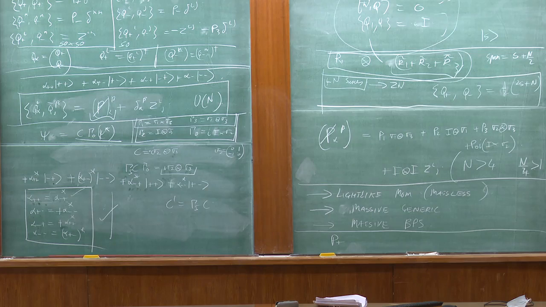Now, I'm trying to maneuver so that I get the minimum possible absolute modulus of spin. So the best thing I can do is half. So that's n/4. Is this clear? Okay, so it's a very simple argument to tell you that supersymmetry cannot be infinite.